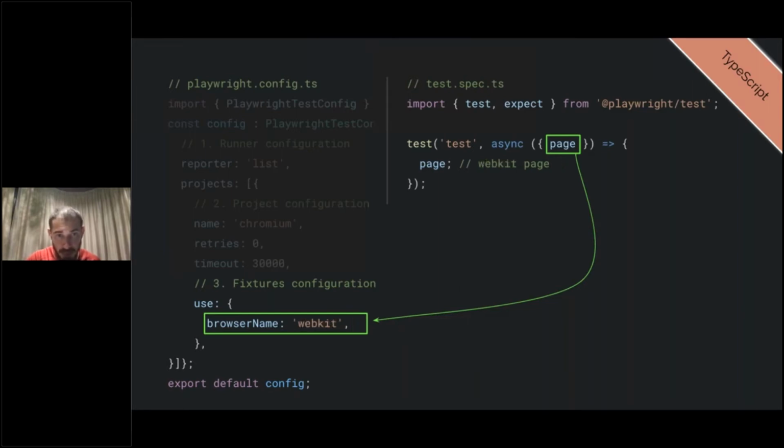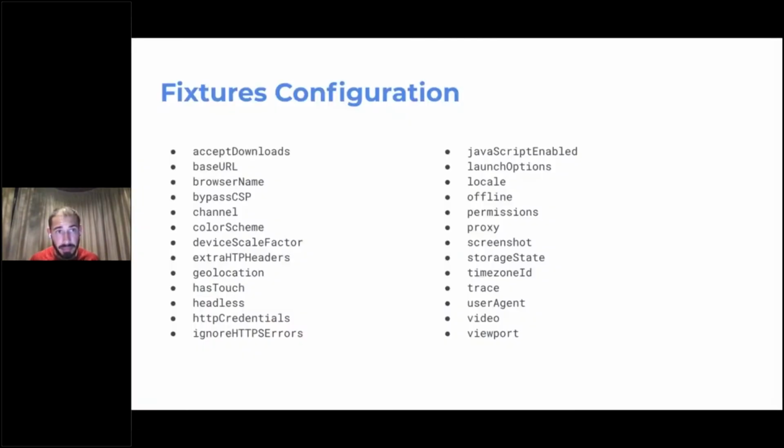If, however, I change browser name to WebKit, my page will be a WebKit page. This way, using this use block, I can use configuration features to configure my page behavior. There are many different features you can use for configuration, at least 2 dozen of them here, and these all come bundled out of the box with Playwright test.